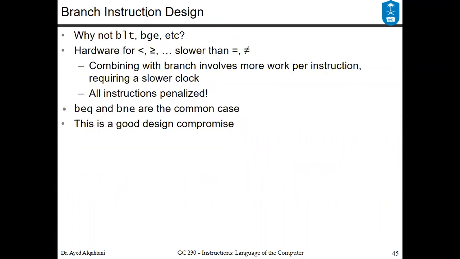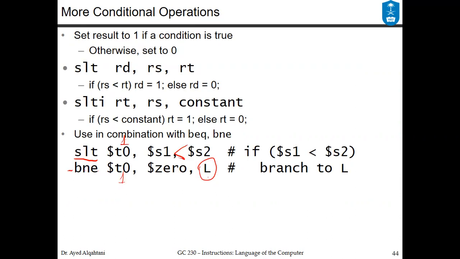So the branch instruction design: why not have a branch larger than, branch less than, branch greater than, and so on, instead of having two different instructions, one for the set less than condition, and the other one after that for the branch?